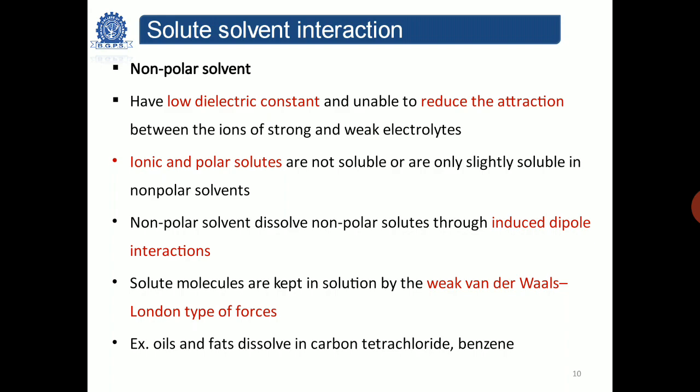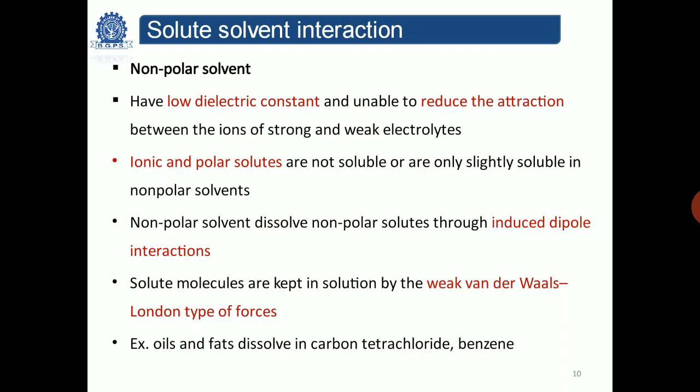Hence, if we add ionic and polar solutes, they are not soluble in the non-polar solvent, or only slightly soluble, because they do not have the ability to separate the interionic forces, or to reduce the attractive forces between the molecules of the polar solute.